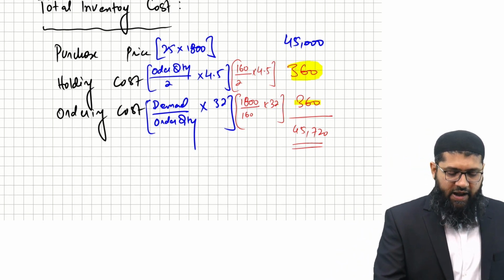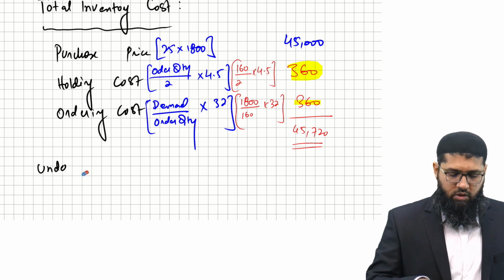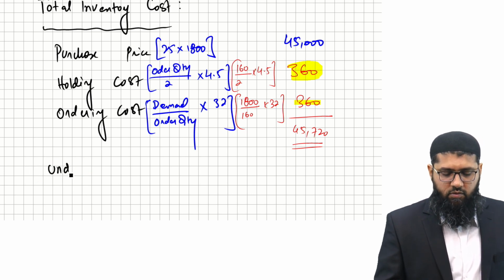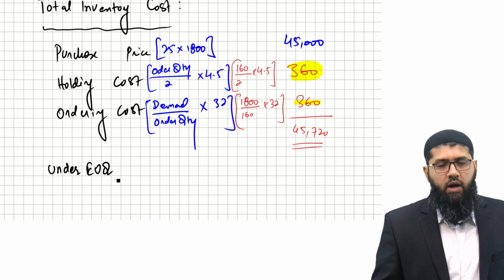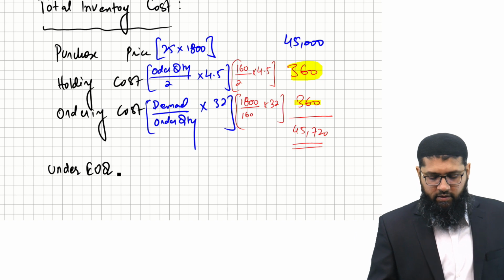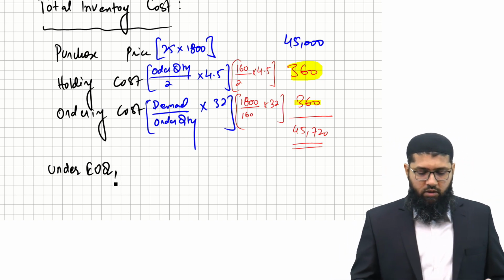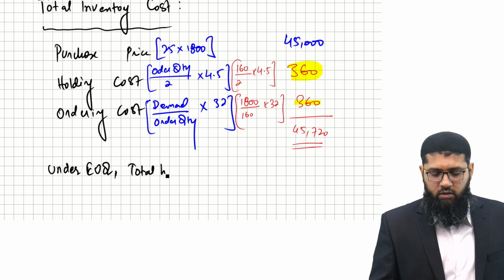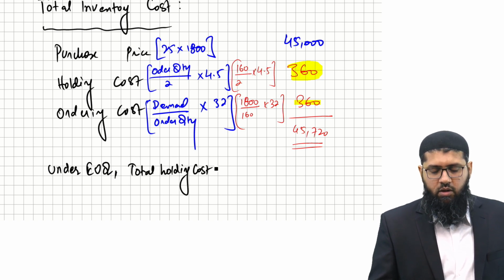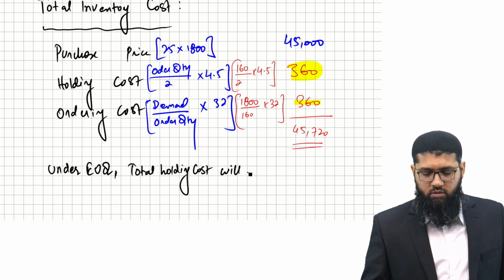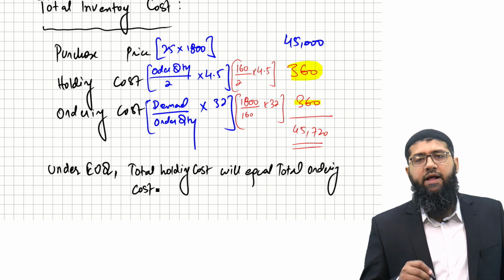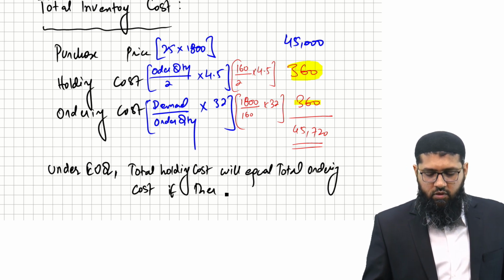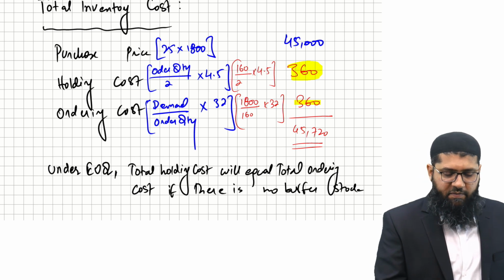Always remember this: under the economic order quantity model, I repeat, under the economic order quantity model, the total holding cost will equal total ordering cost if there is no buffer stock. It will always be the case.